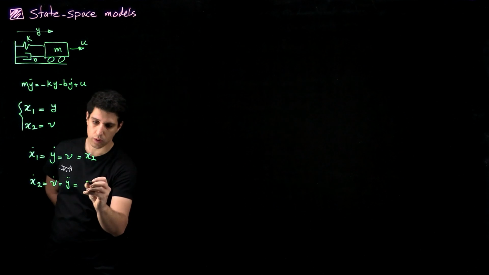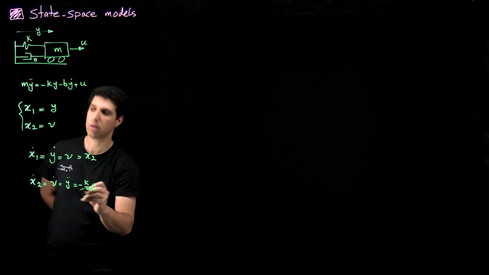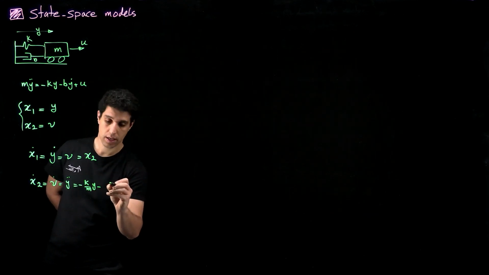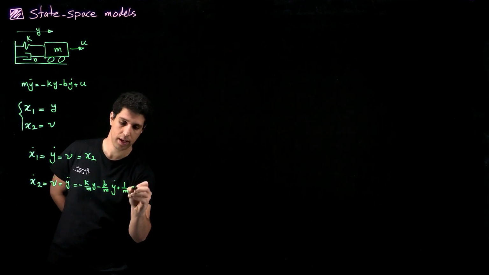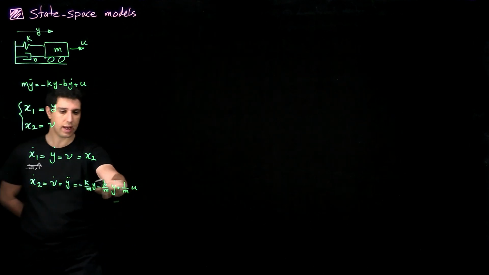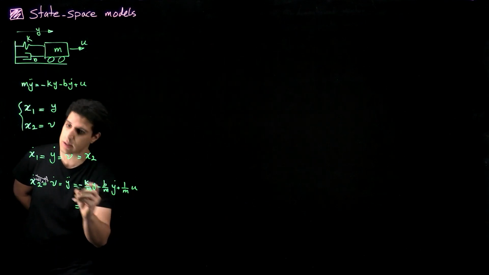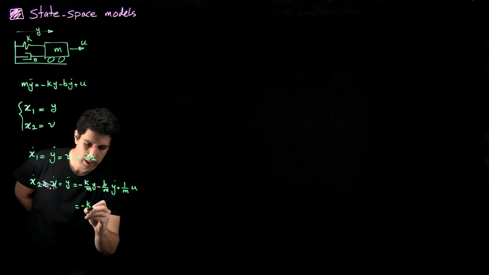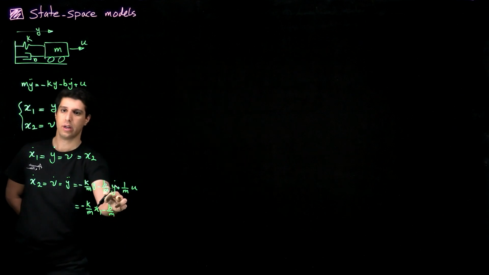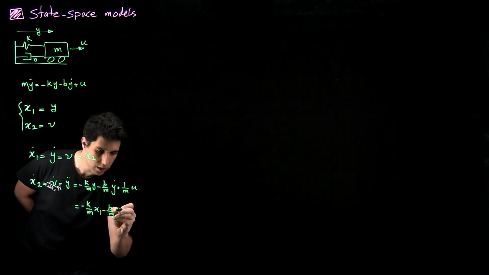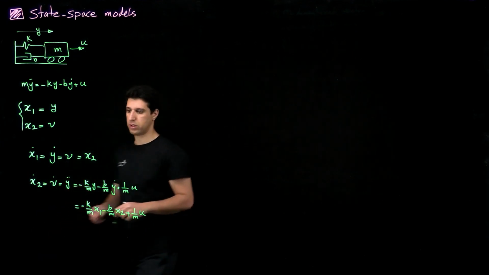I'm going to divide this by m, so minus k over m y minus b over m y dot plus 1 over m u, just reusing the notations of x1 and x2. So y is x1: minus k over m x1 minus b over m, y dot is velocity, which is x2, plus 1 over m u, which is my input.